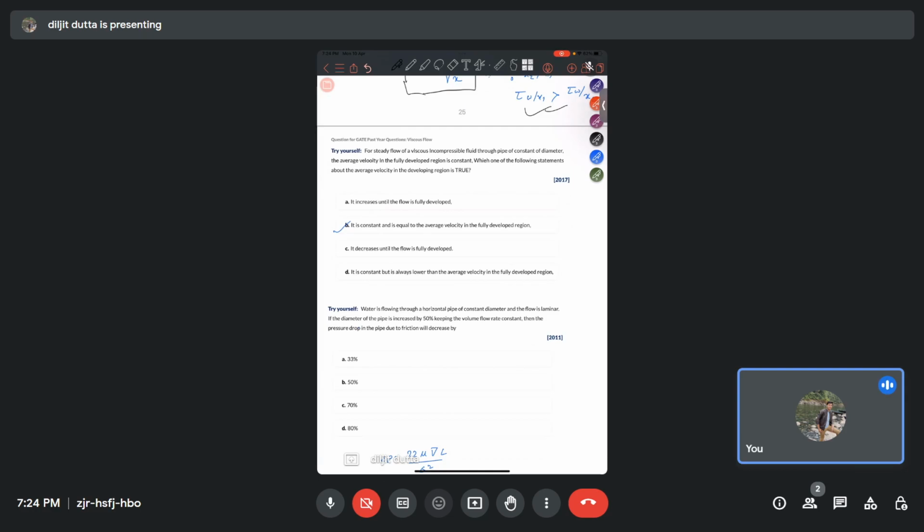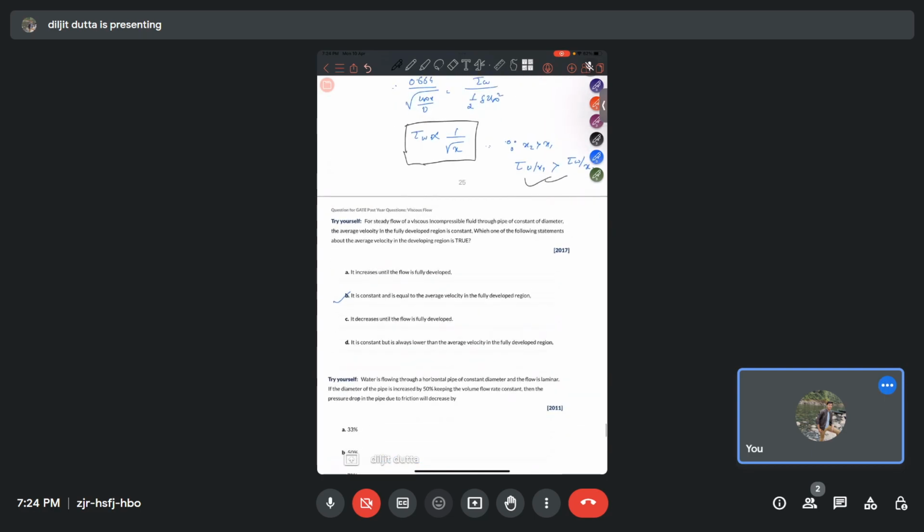So there is a second question. For steady flow of a viscous incompressible fluid through a pipe of constant diameter, the average velocity in the fully developed flow is constant. Which one of the following statements about the average velocity in the developing region is correct? Now the average velocity is constant.